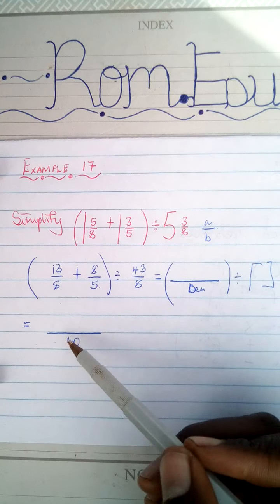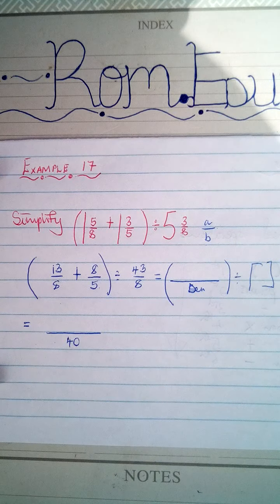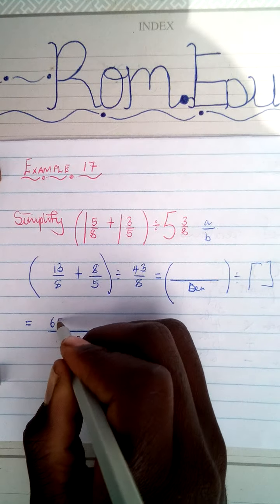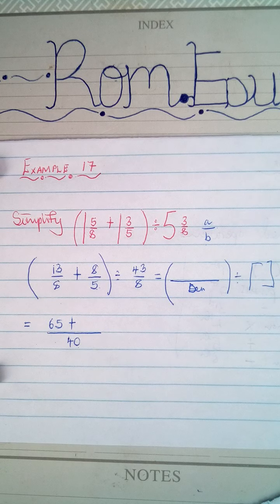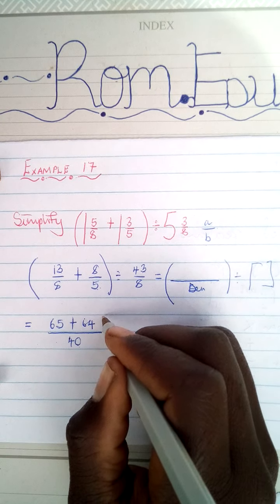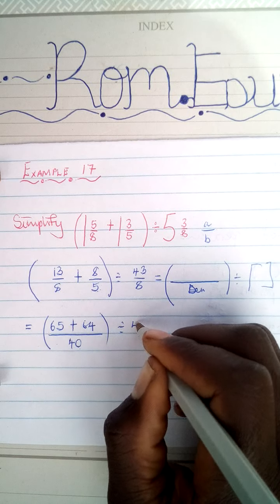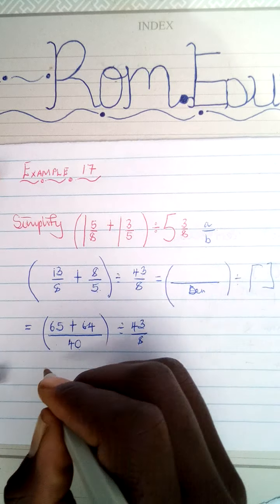So 8 into 40, that's 5 times 13, now going to get something like 65, plus 5 into 40, that's 8 times 8, that's going to be 64, divided by 43 over 8 there.